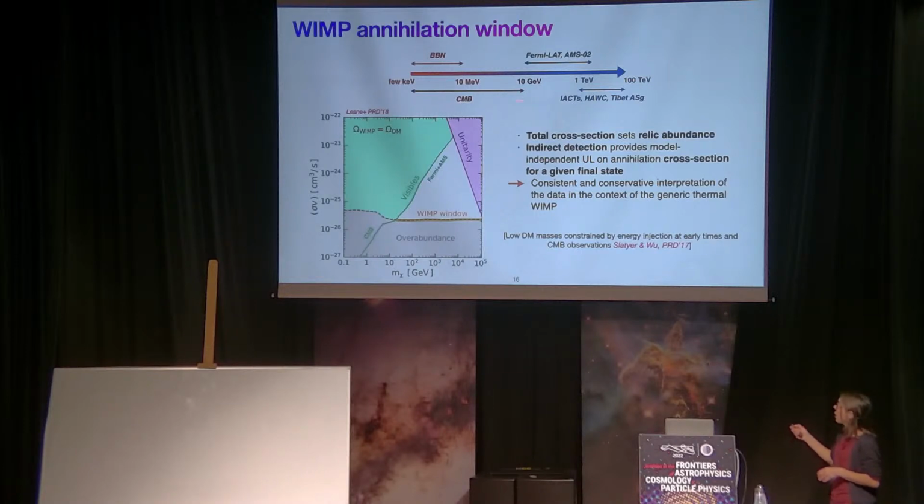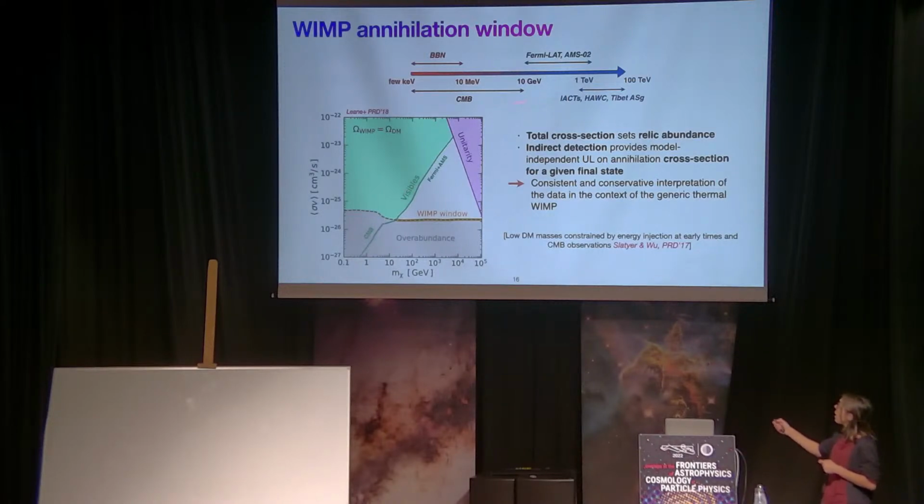So indeed, the space for weak scale dark matter, or weakly interacting massive particles, is defined by this annihilation cross-section as a function of the mass of the dark matter particle, and you can use really different observables to constrain this parameter space. There is a thermal cross-section which is defined through the fact that you don't want the cross-section to over-close the universe, so it should be a good dark matter candidate. And then you can use different observables from astroparticle physics to constrain the value of this cross-section as a function of mass.